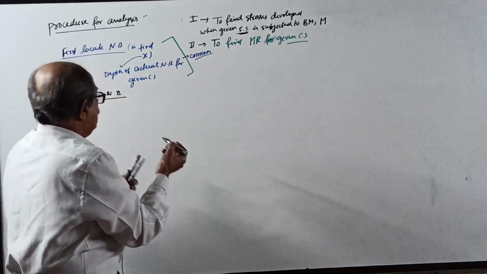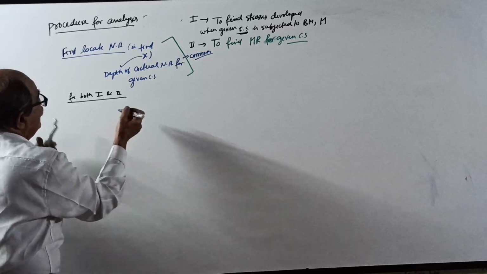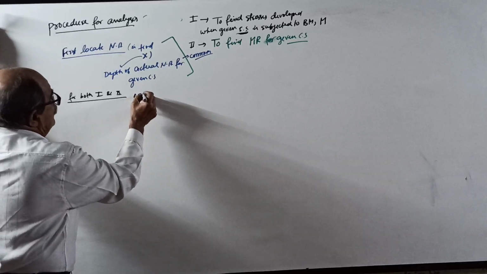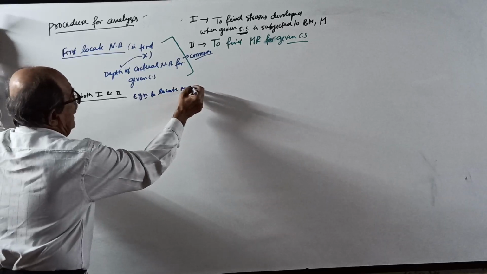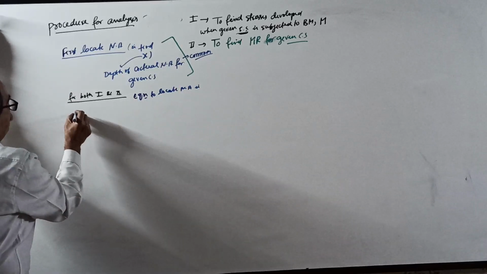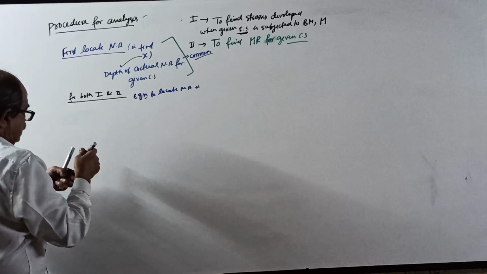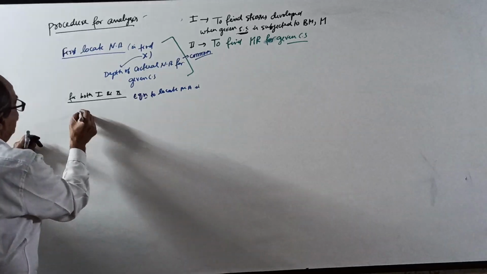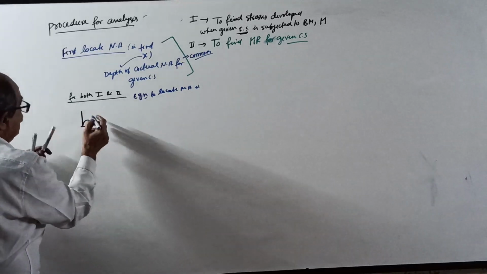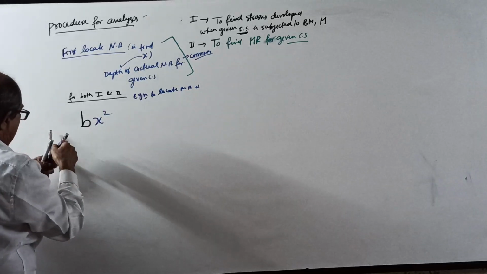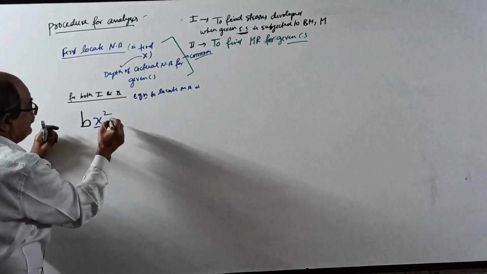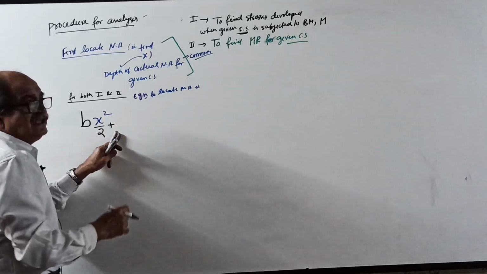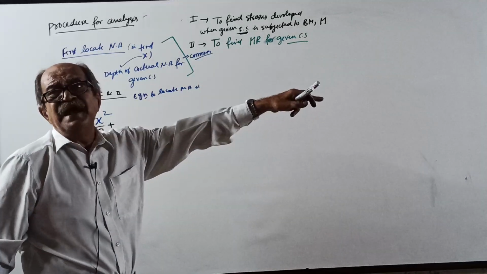Earlier, I will put the equation to locate neutral axis. As usual, neutral axis blue color. B into x square by 2, plus, see earlier, bx square by 2 equal to m AST into d minus x.